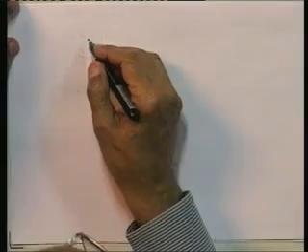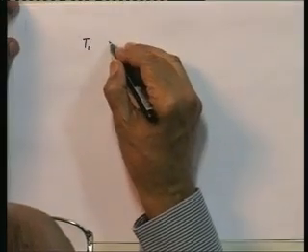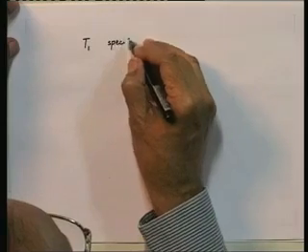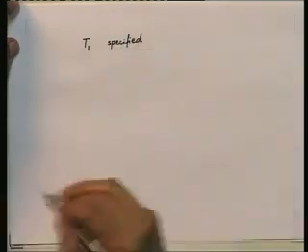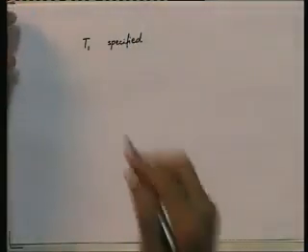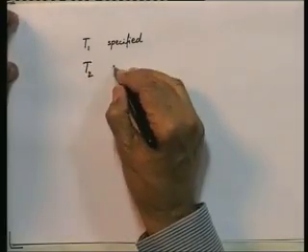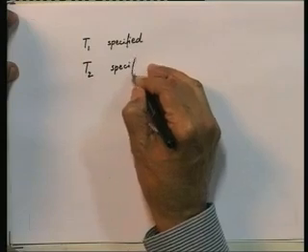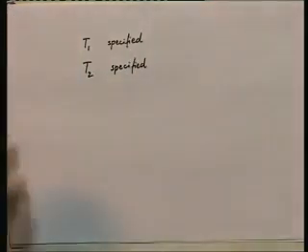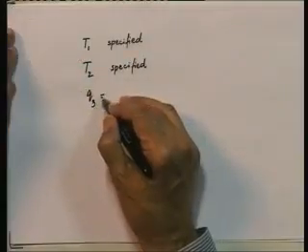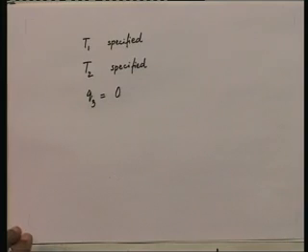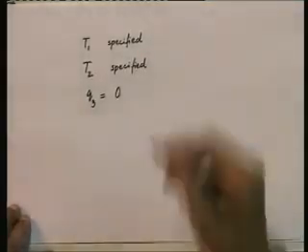In this particular case, the temperature T1 is specified, surface 1 is maintained at this temperature T1, T2 is specified, and it is specified that at surface 3 we have very good insulation. Therefore, Q3, the rate at which heat flows at surface 3, would be 0, because it is perfectly insulated. These are our specified quantities.